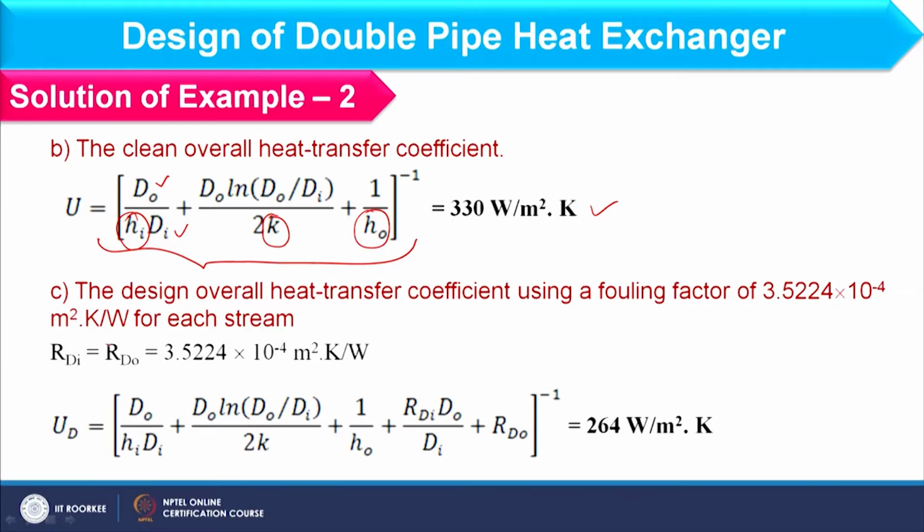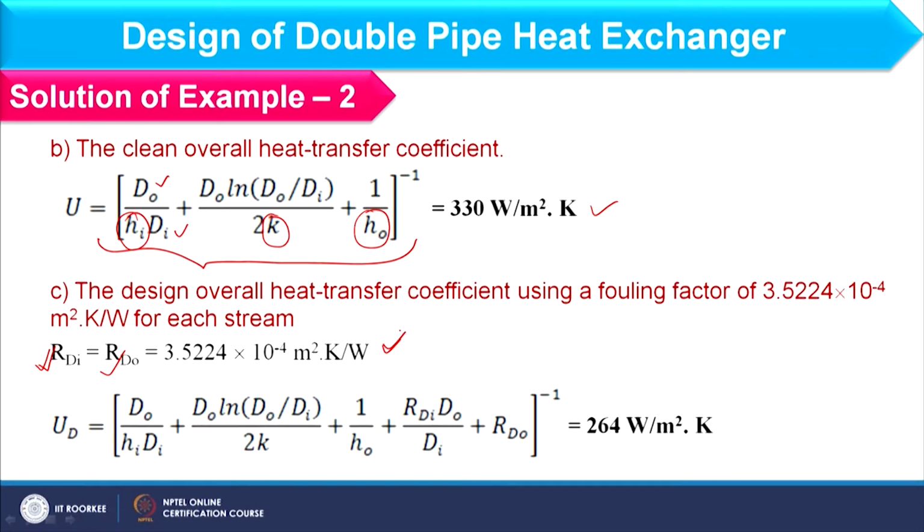And next we have to calculate the overall heat transfer coefficient considering the fouling factor. This overall heat transfer coefficient we consider as the design heat transfer coefficient. Here you see the dirt factor for the inner fluid as well as the fluid moving in the annular side are given, and that is equal to 3.5224 × 10⁻⁴ meter square Kelvin per watt.